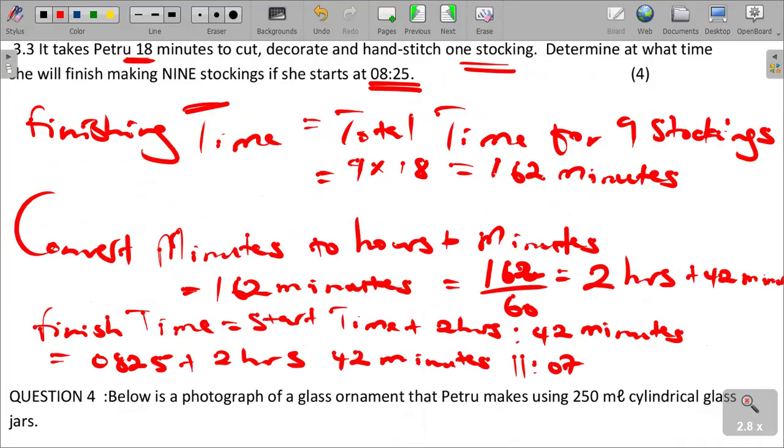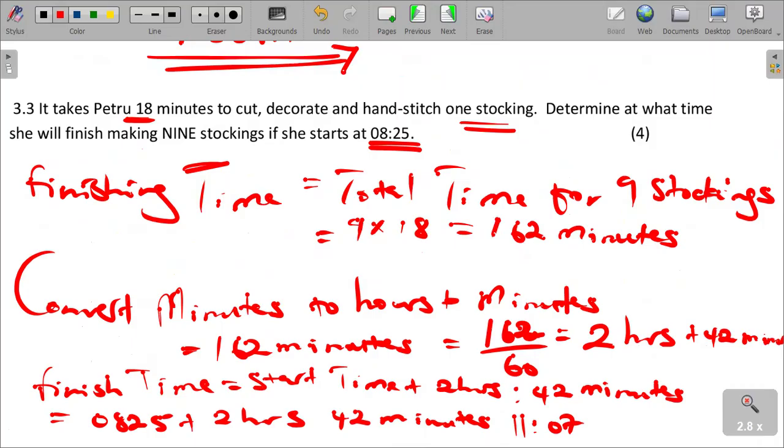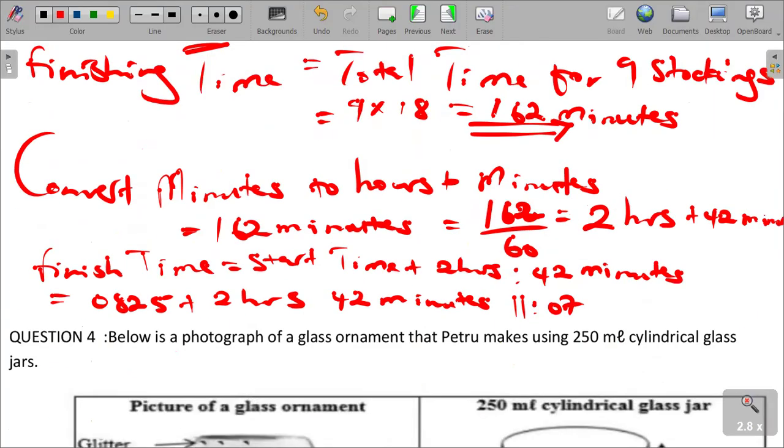So that is basically what we are doing here, class: you need to calculate the total time for the 9 pieces that Petru has to do. We got that, then we convert it to hours and minutes, and then we add it to the start time.